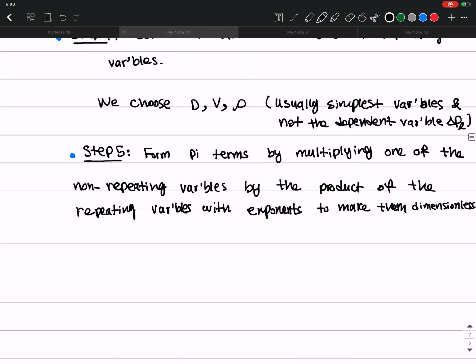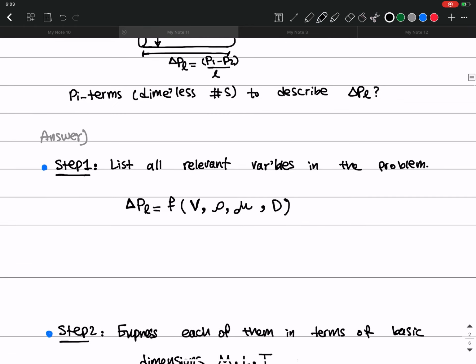So this is where we write the pi terms. Okay, so the first pi term is pi 1, which equals, so first, what are my non-repeating variables? My non-repeating variables are, first, delta PL, and the second one is mu, right?